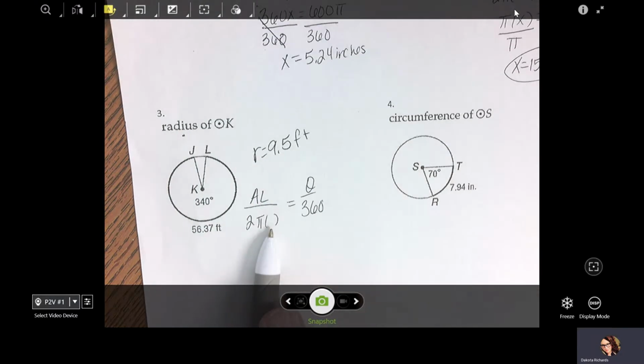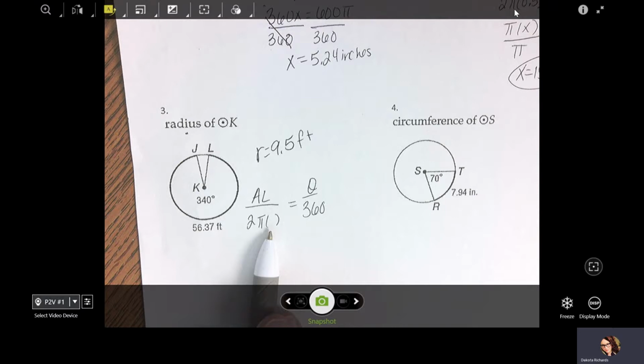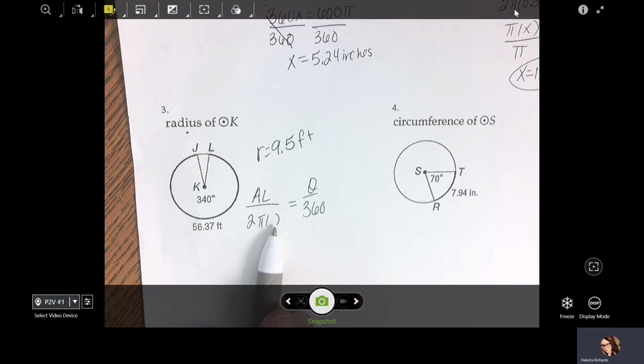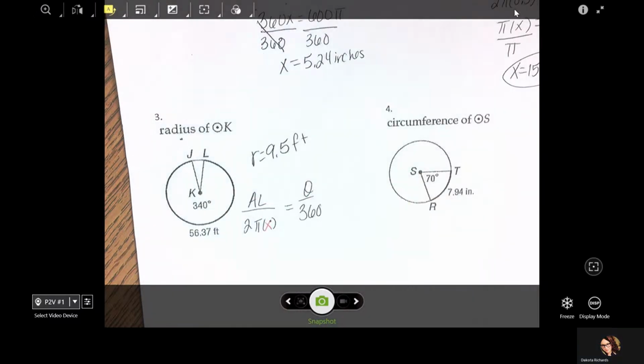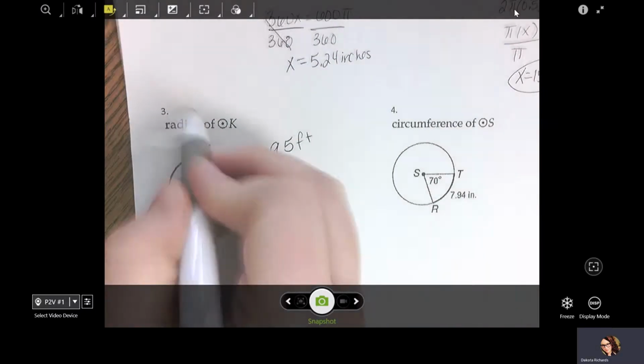Okay, what goes 2 pi times r, right? That's part of the formula. So instead of r, you can keep it r and just solve for r, or you can go ahead and call it x, because that's what we're trying to find, the radius.